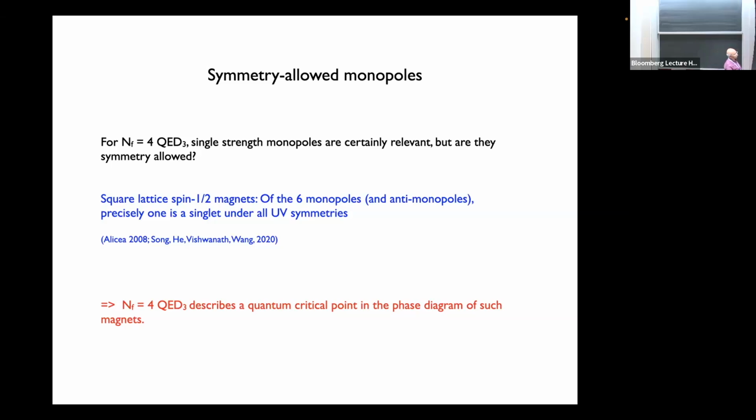We know that there are 6 monopoles and anti-monopoles of single strength, and it turns out there's precisely one that is a singlet under all the UV symmetries. So there's one operator that you should generically add to the low energy CFT, and it's an operator that will generically be present in any UV system that has any chance of flowing to this IR CFT.